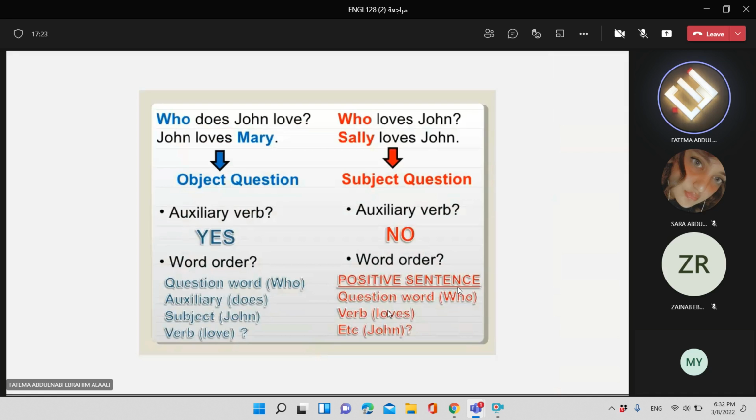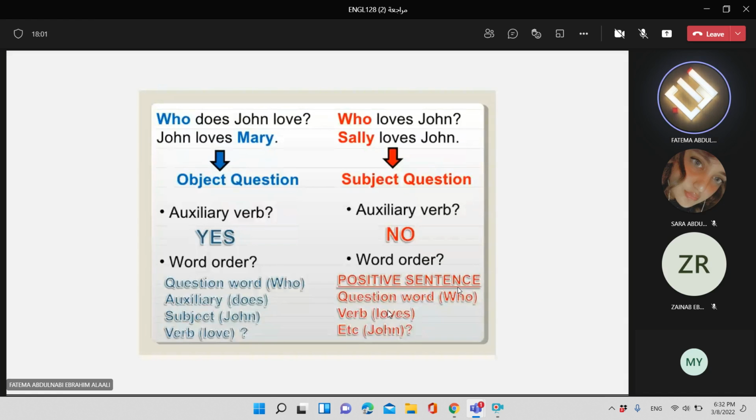Okay, if I want to form this question as an object question, I have to put a question mark on the object. John loves who? So to form this question, we have to put the WH word who, then the helping verb does, then the subject John, then the verb: who does John love?